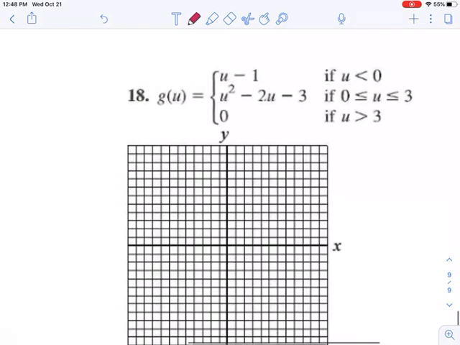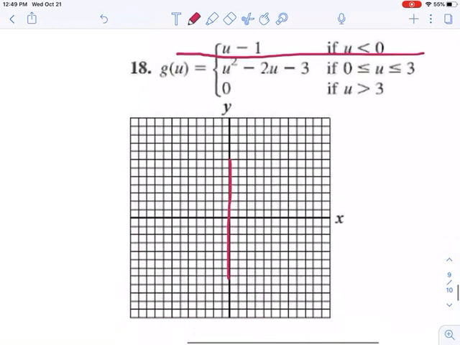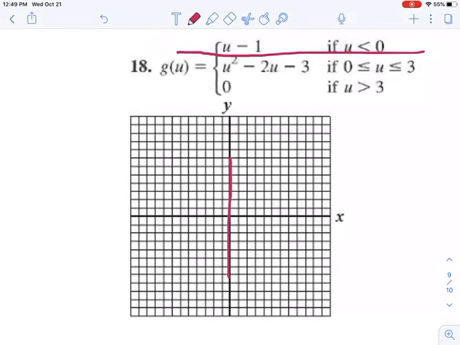All right, piecewise function. All this does is it breaks this graph into pieces. Just do the first one first, second one second, third one third, and you'll be fine. So if u was less than 0, this is 0. Where's our graph? Well, what I do with these, I just graph them.